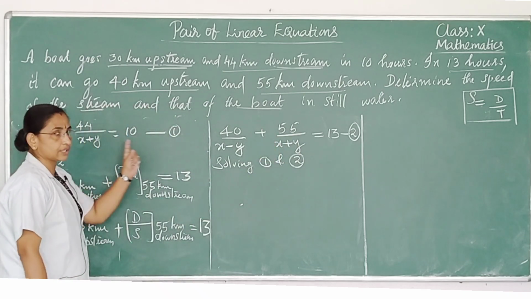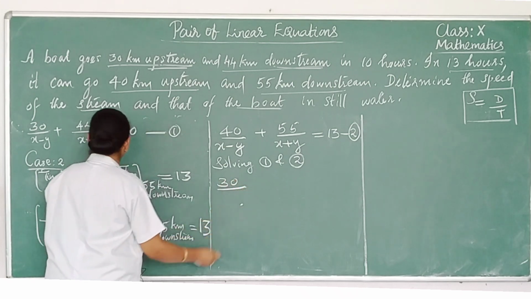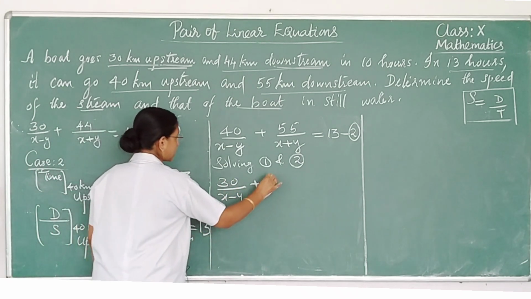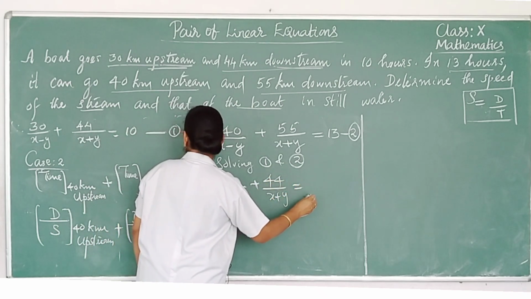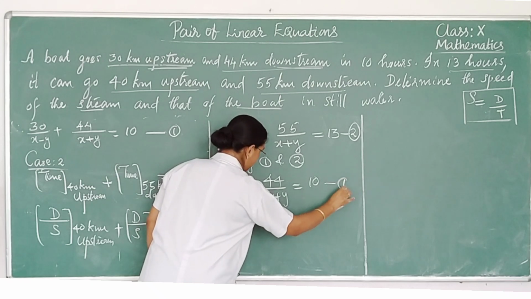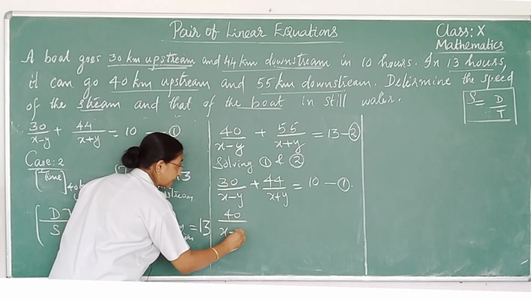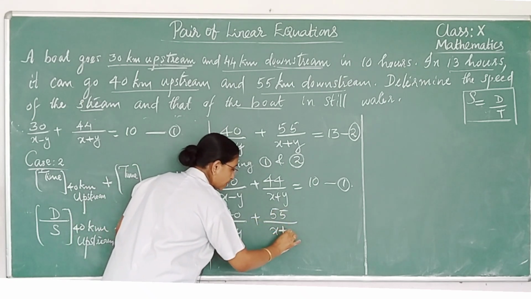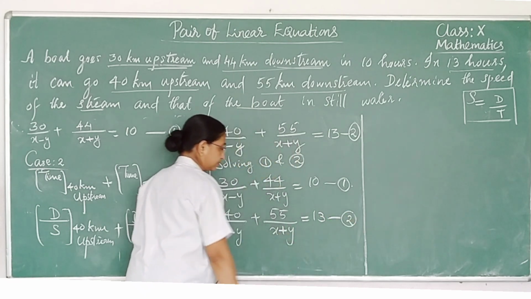I am going to write equations 1 and 2 again. First equation is 30 by x minus y plus 44 by x plus y equal to 10. This is your equation number 1, and 40 by x minus y plus 55 by x plus y equal to 13. This is your equation number 2.